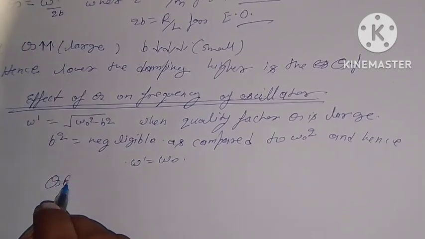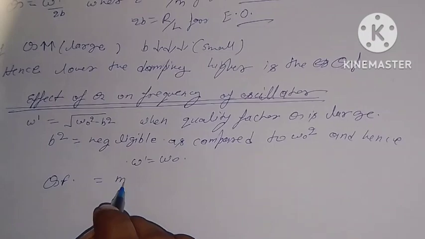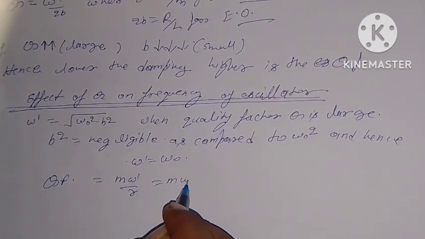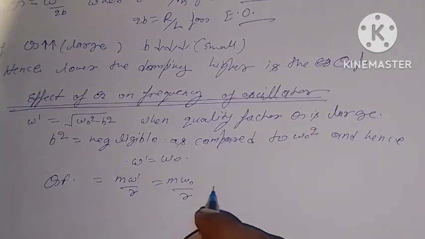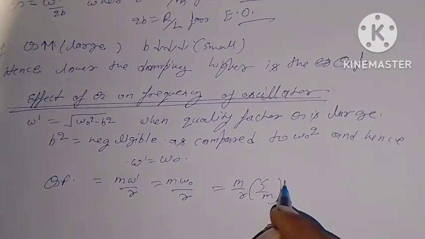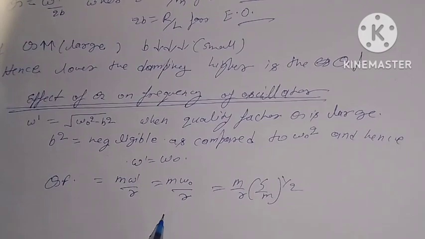Then the quality factor Q equal to m omega dash upon r, that is m omega naught by r, that is m by r (s by m) whole to the power 1 by 2.